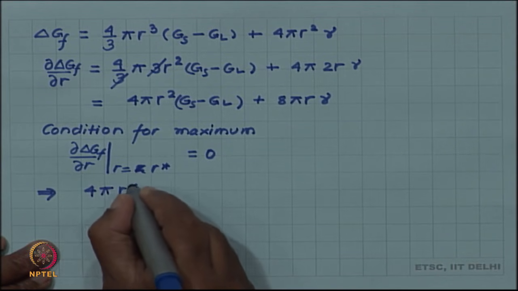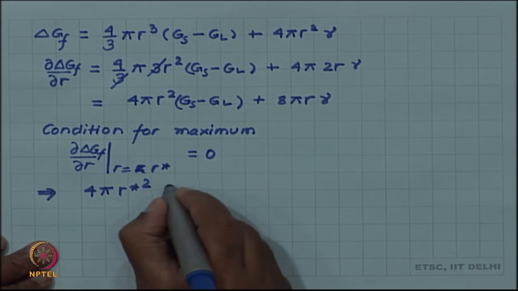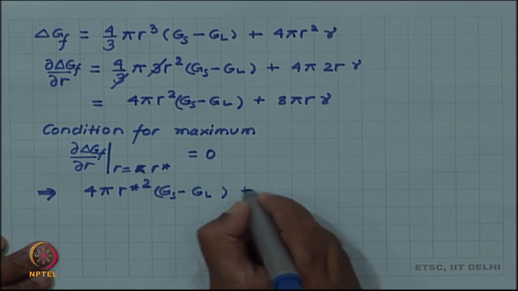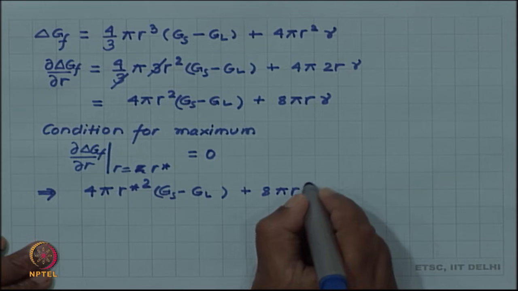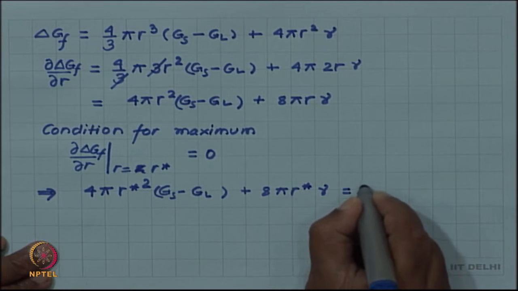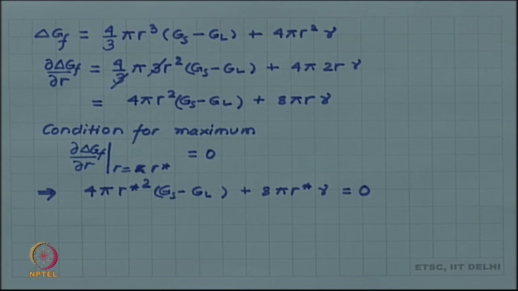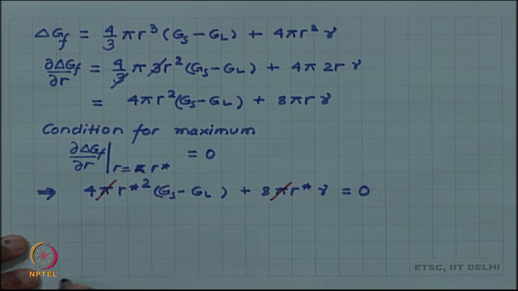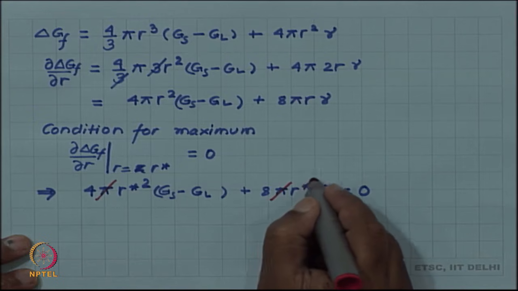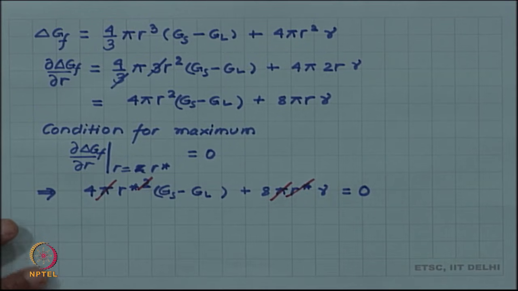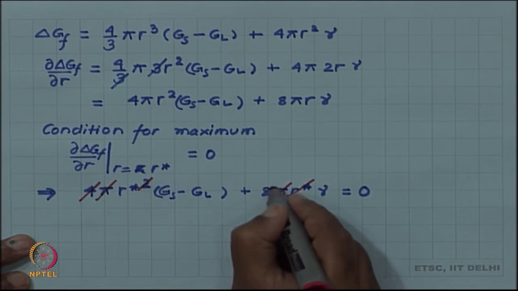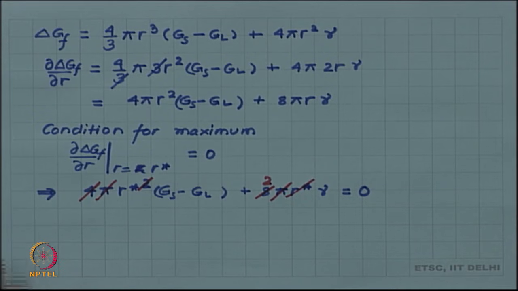I do that: 4 pi R star square (Gs minus GL) plus 8 pi R star gamma is equal to 0. So, you can see now we can cancel many terms, pi cancels, R star also cancels with the cancellation of a square here, and 4 cancels with 8 here too.